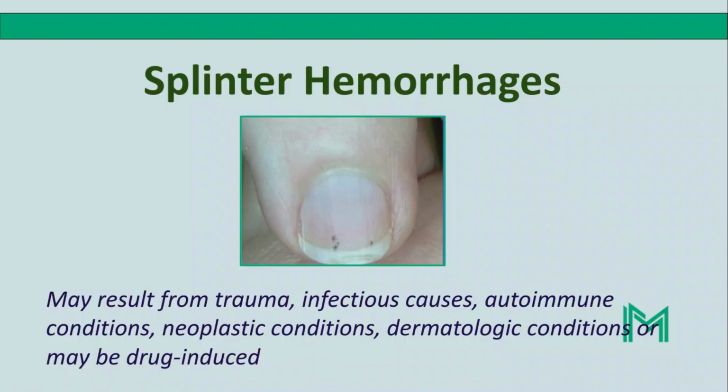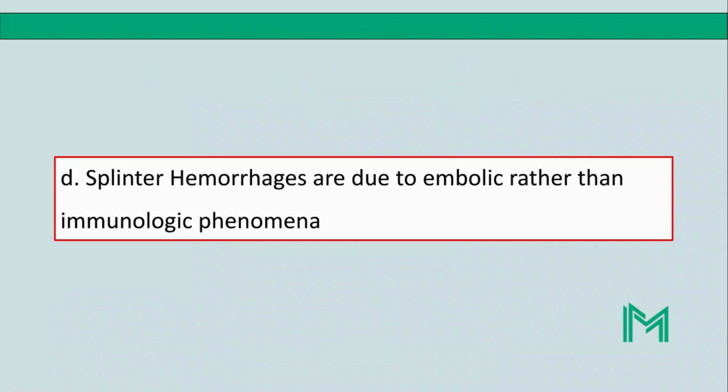So this statement will hold false because you see embolic phenomena when it comes to the infectious causes like infective endocarditis, etc. And then immunologic phenomena, you see it when you have immunologic causes like vasculitis. But it's not a true statement to say that splinter hemorrhages are due to embolic rather than immunologic phenomena. It's both.